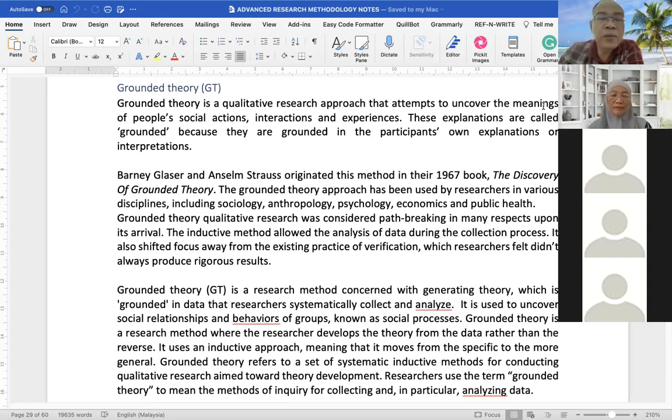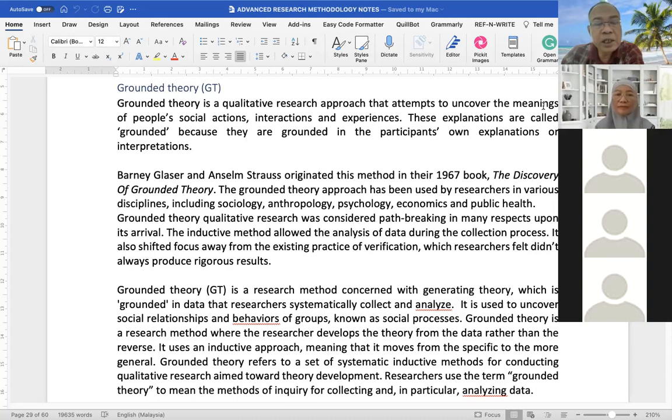The theory is in the form of social relationships, theory about behavior, theory about social relationships. So it's called the social process. Based on the data, the researchers will form the theory regarding the relationships, regarding the interactions among people in certain groups. So it is used to uncover social relationships and behaviors of people known as social processes.